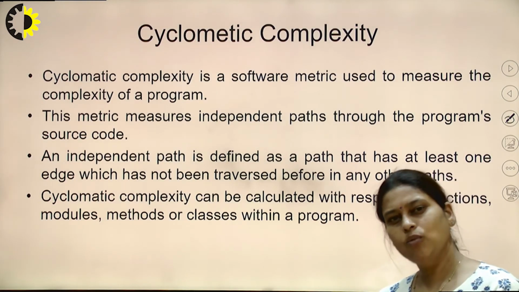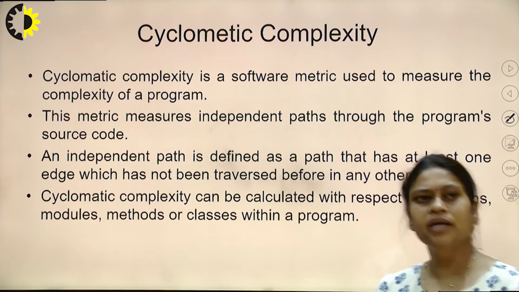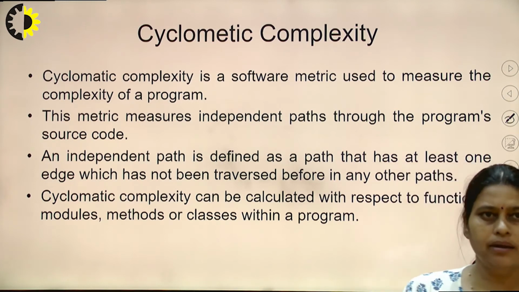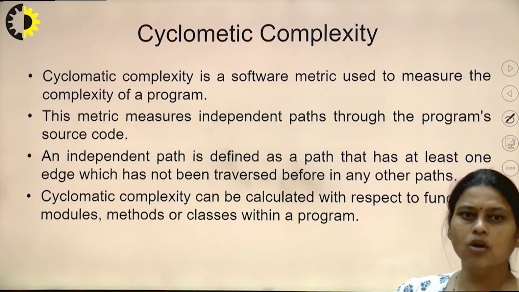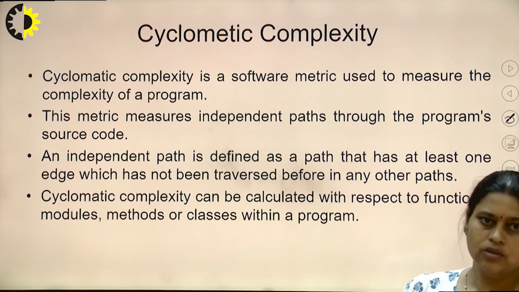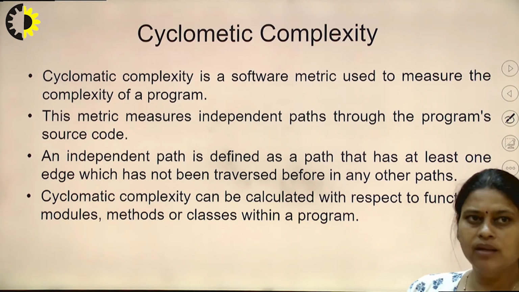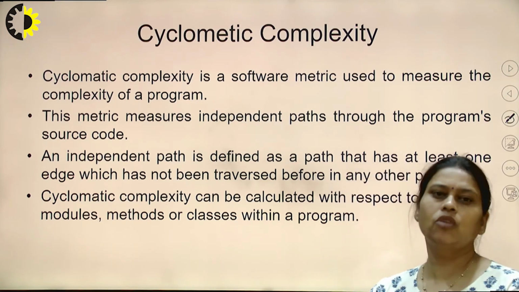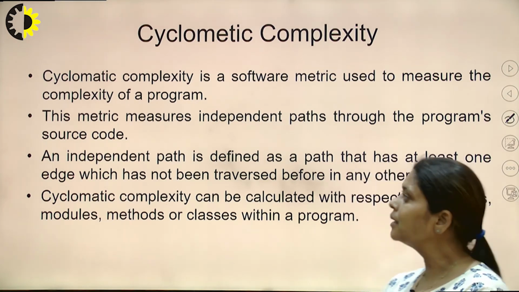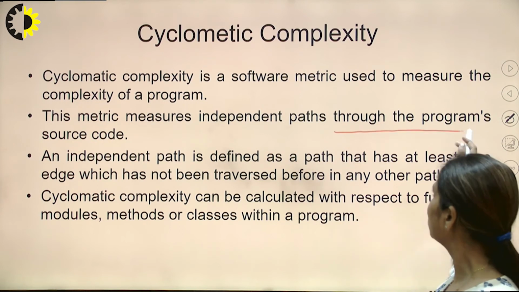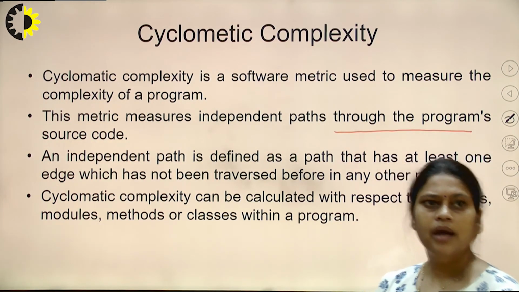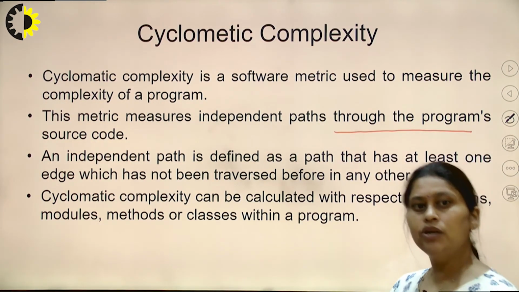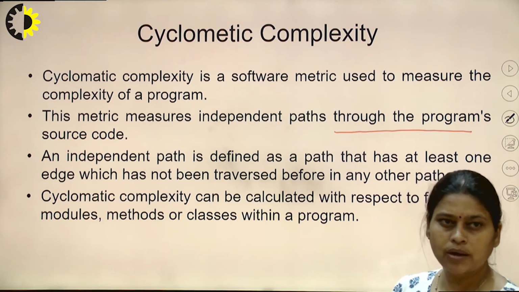Now, what is cyclomatic complexity? Cyclomatic complexity is a software metric that is used to measure the complexity of a given program. So, if we have a program, then we can measure the complexity of that program. And the metric measures independent paths through the program source code. So, we have to find out the total number of independent paths in the program.